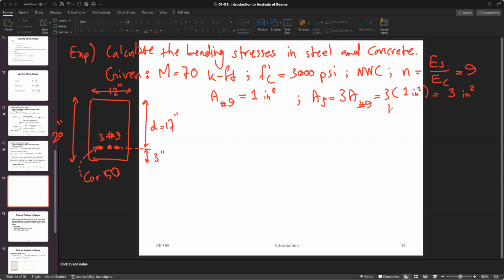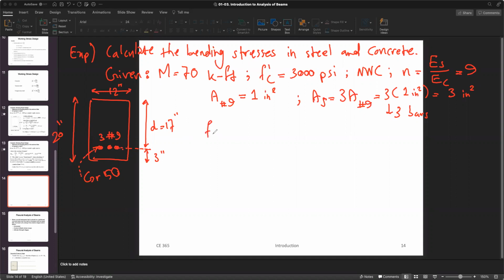You have 3 bars. All right. So the first thing we want to understand is if the system will crack or not. That would be our first understanding from this problem, based on this moment, whether the system will crack or not.